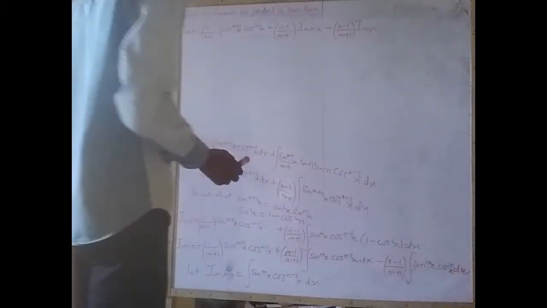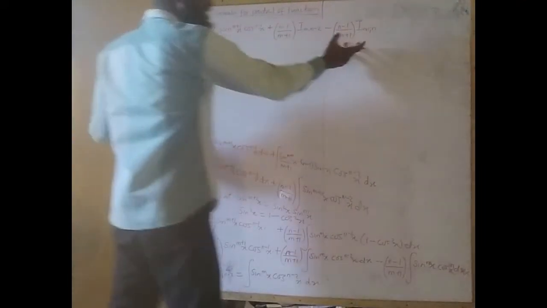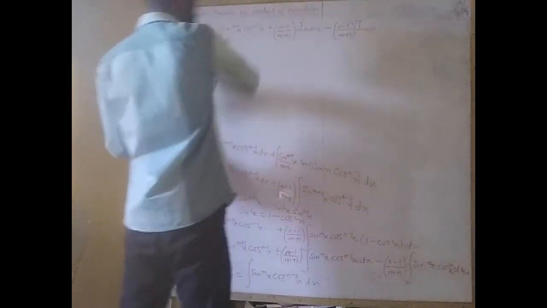Then if I collect like terms, I take this I(m,n) to my left hand side.